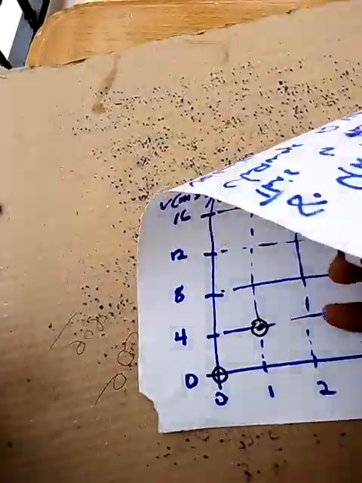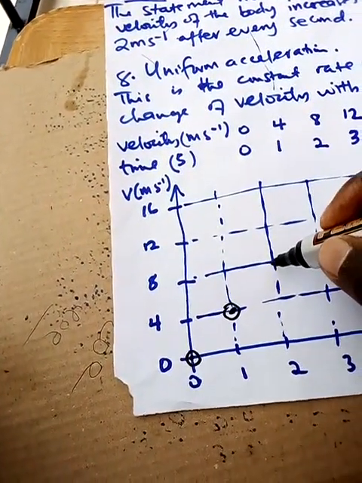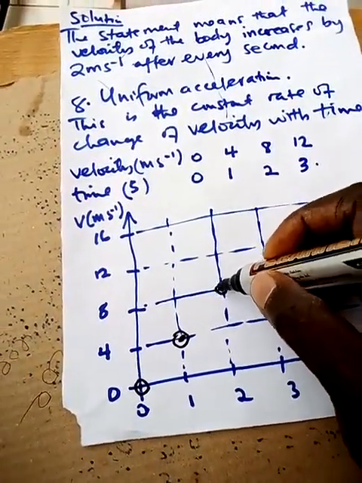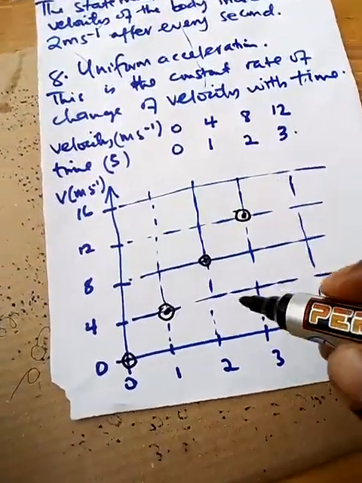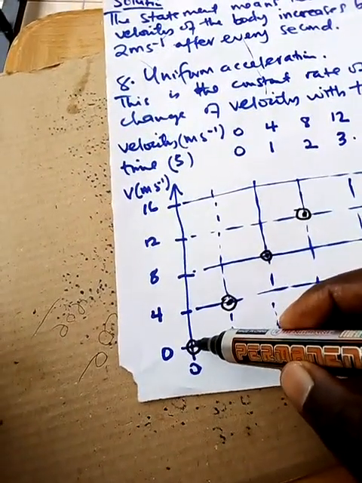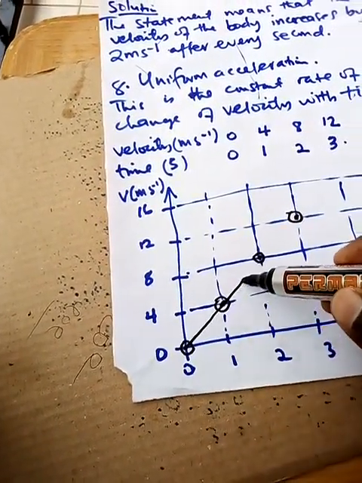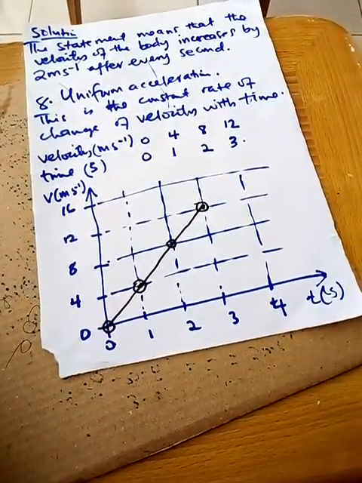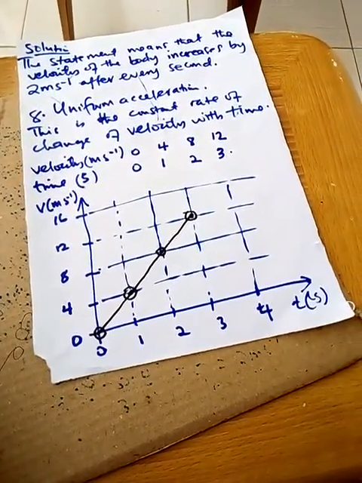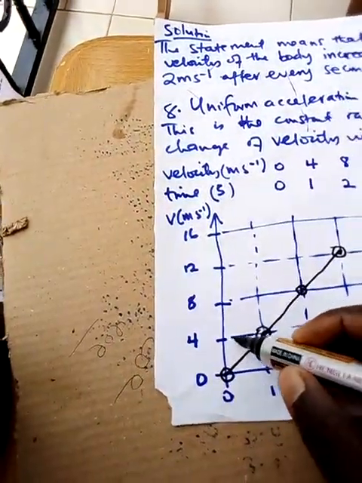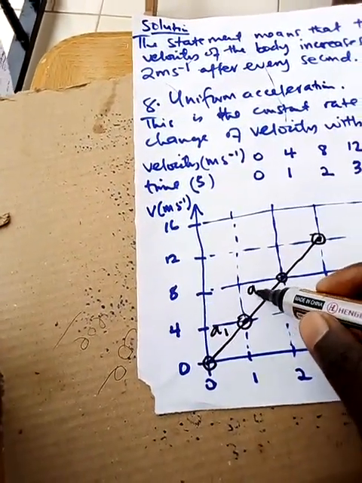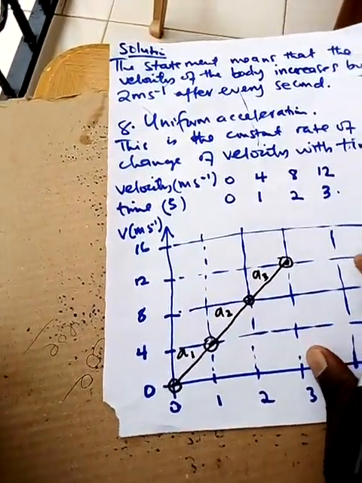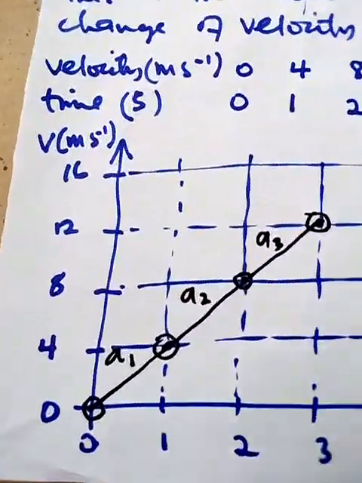It's there. We can have 2, 8. Is here. Then 3, 12 is there. So my graph is a straight line that passes through the origin. And in this case, we've got accelerations: acceleration A1, acceleration A2, acceleration A3. We can calculate that in a moment.